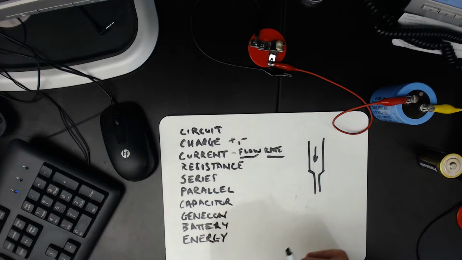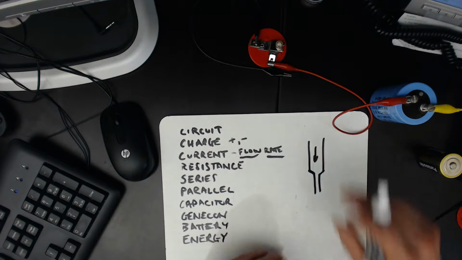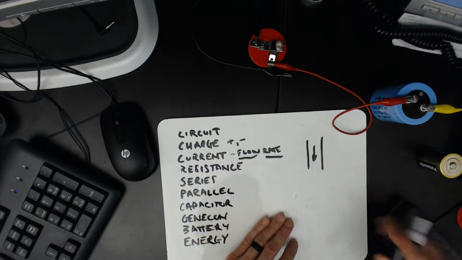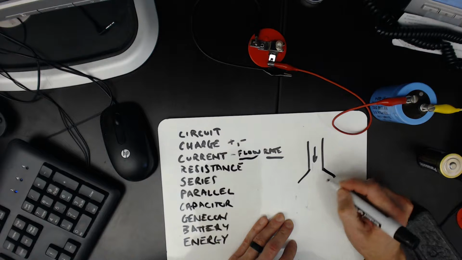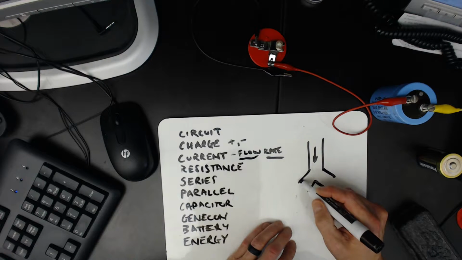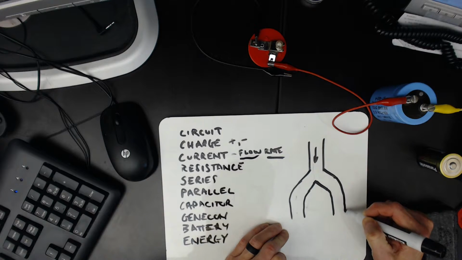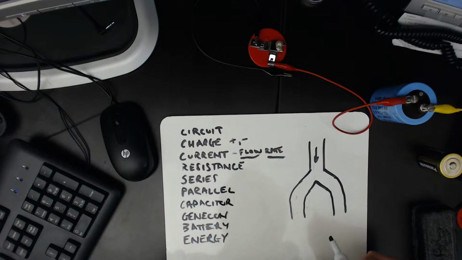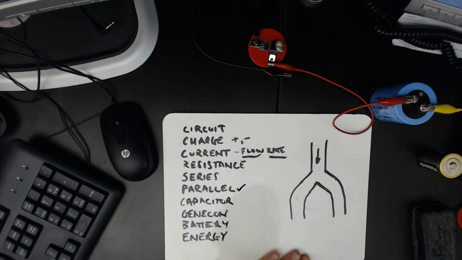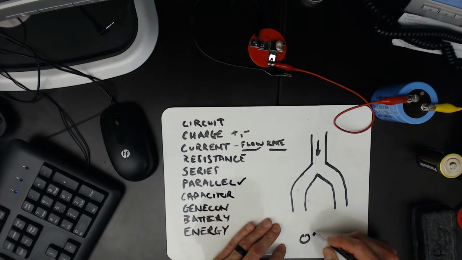We can lessen the resistance by making the pipe bigger, or what if we switch it into two pipes like this? That's going to lower the resistance. Now more water can flow through in a given amount of time, and that's what we do in a parallel circuit. Remember when we had the two light bulbs and we connected a third light bulb like this?